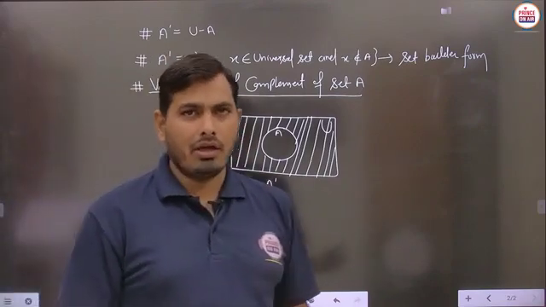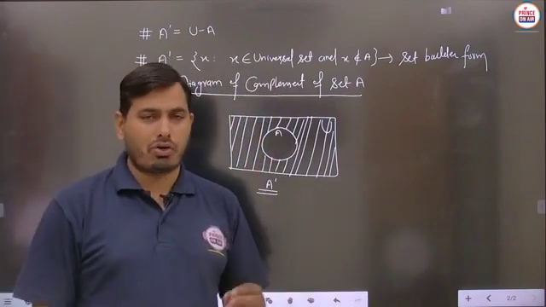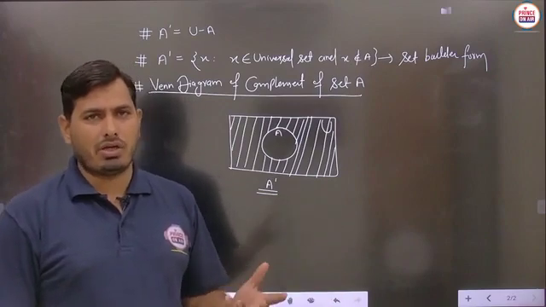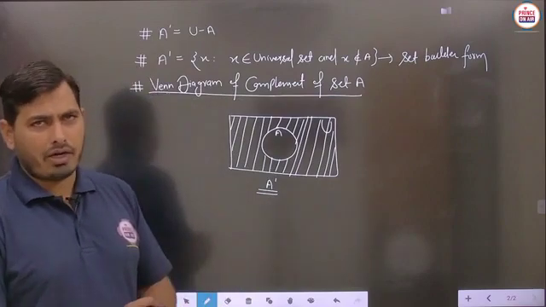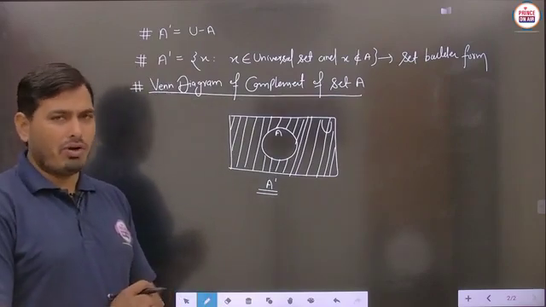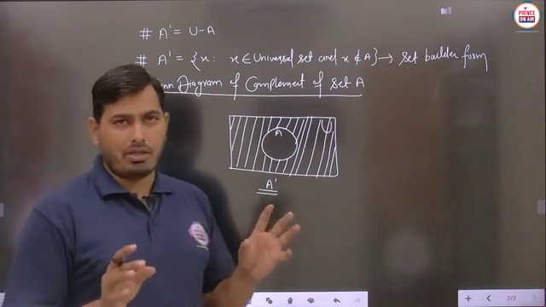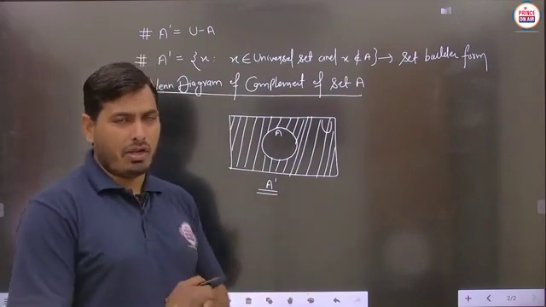Is it clear? We will make many Venn diagrams in the last videos, because for operations like union, intersection and difference, each operation will have its own Venn diagram. We will also discuss some practical problems where Venn diagrams play a very vital role.